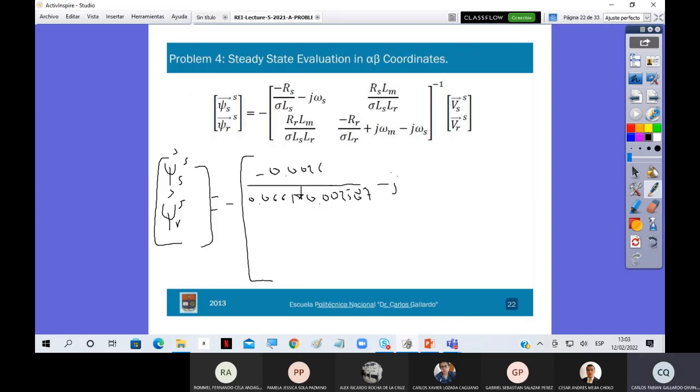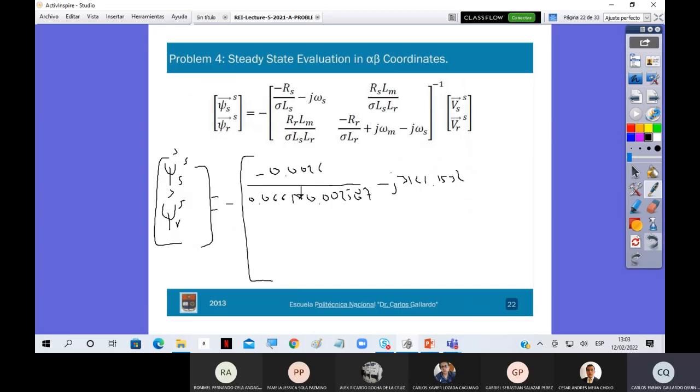We have already computed this value, which is 314.1592. Okay, so I will have the stator resistance.